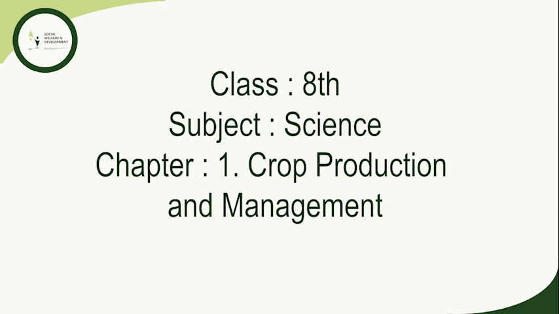So, summarizing today's lecture, first, in order to provide food to our growing population, we need to adapt certain agricultural practices. Second, the same kind of plants cultivated at a place constitute a crop. Third, in India, crops can be broadly categorized into two types based on seasons, Rabi and Kharif crops.